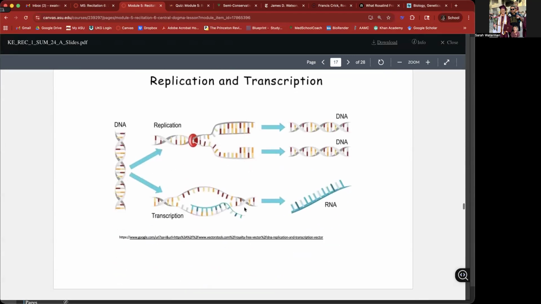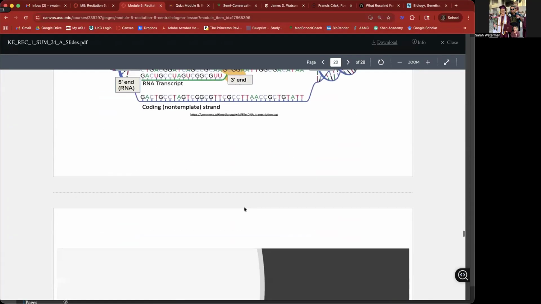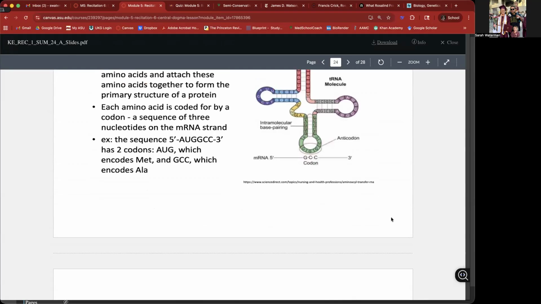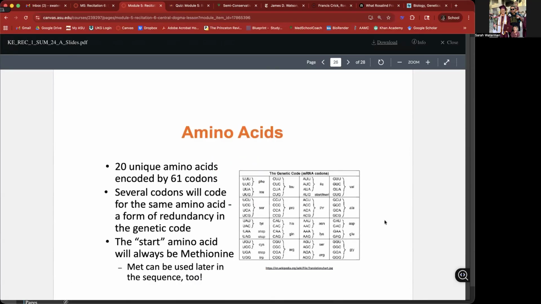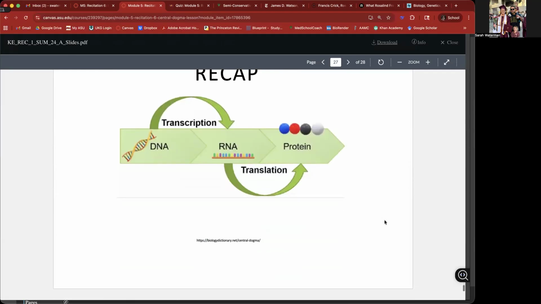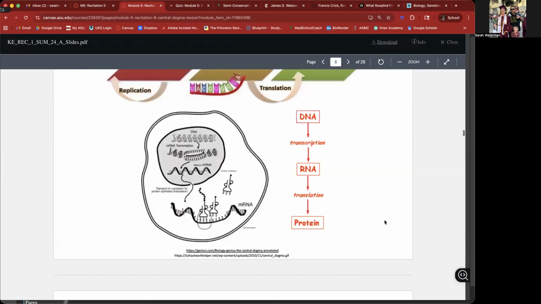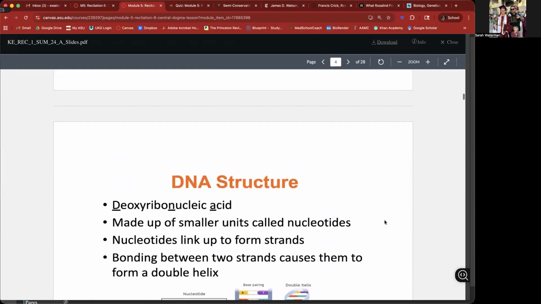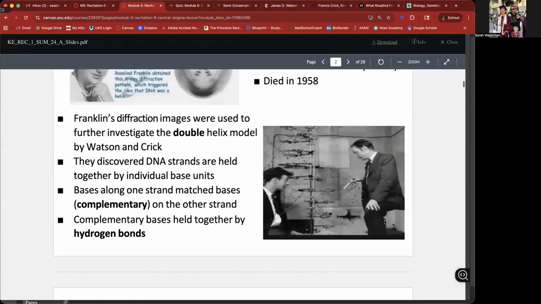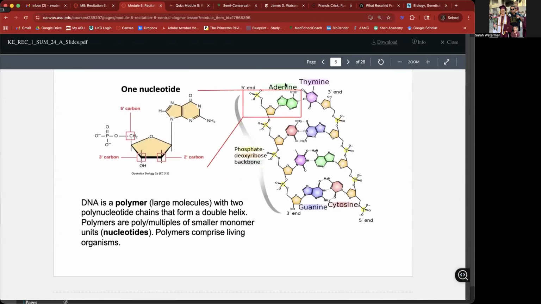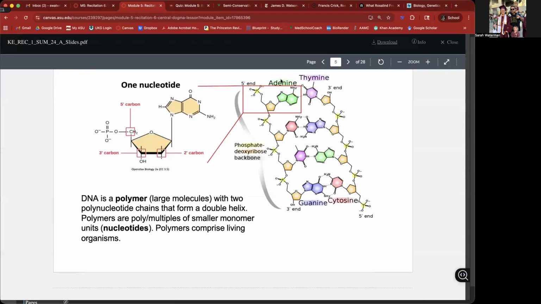But if we wanted to look at Chargaff's rule, what it says is that there is an equal number of bases of complementary base pairs to each other. Okay, here we go. There'll be an equal number of adenine to thymine, or adenine to uracil if we're talking about an RNA sequence.